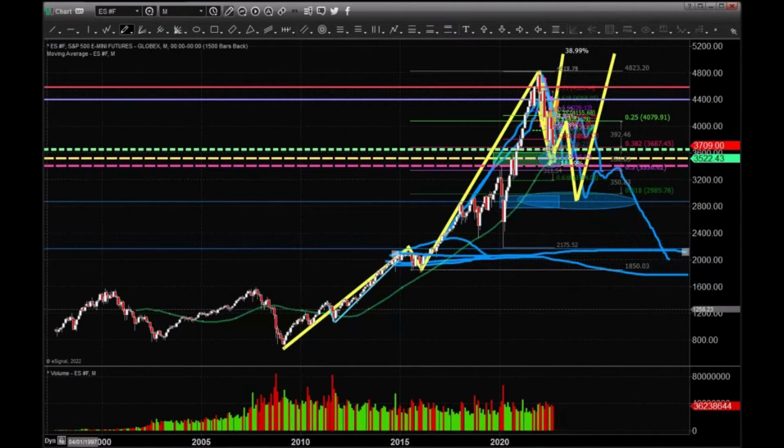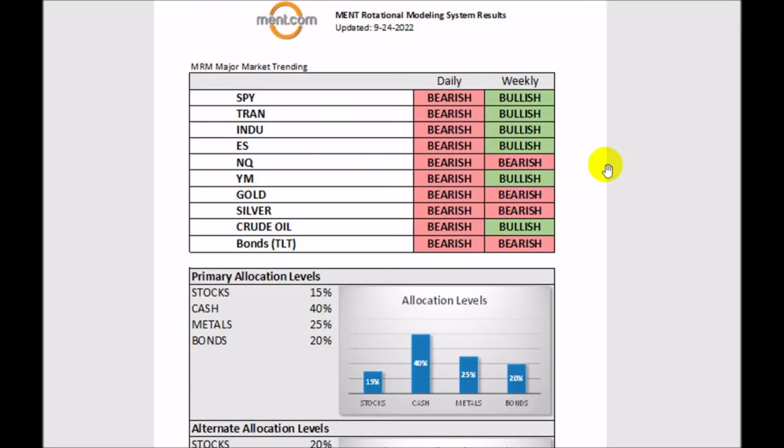And that's why it's so important that we pay attention to where we're at with our allocation. Right now, we are prepared for a breakdown move where we see the markets change direction, potentially aggressively, maybe Fed and central banks change direction. And what we're doing is hedging our position. We have a very small stock position.